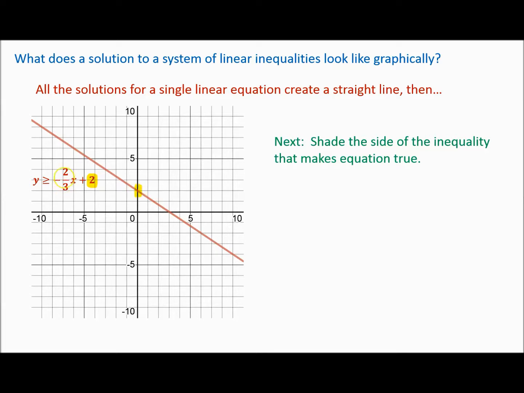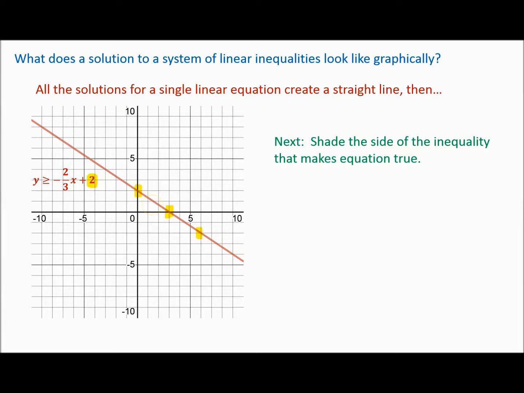And then my slope is negative 2/3, so I count down 2 from there and right 3. That would take me to this point. I could do it again, down 2, right 3, and that creates that point, and you connect the dots. Now, because this is a greater than or equal to, I connect the dots with a solid line. That's here.